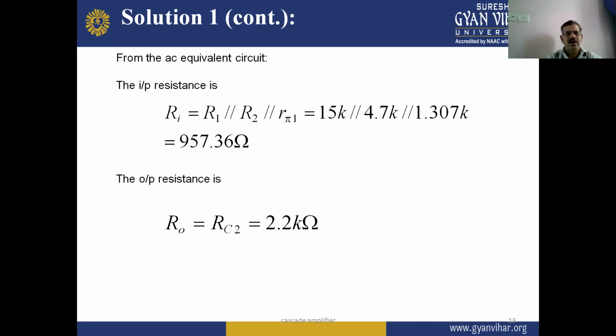So from the AC equivalent circuit, the input resistance can also be calculated as R input equal to R1 parallel to R2 parallel to R pi 1.